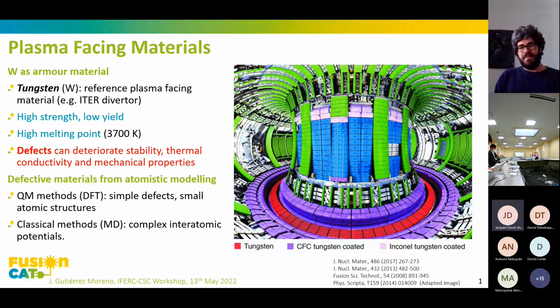On the other hand, if we want something a bit more affordable, we typically go to classical methods, in which we model materials based on Newton's second law. This is much cheaper and allows us to make much larger models, but the main problem is that we rely on interatomic potentials that sometimes are not as accurate as we wish, because they have to be fitted for one specific material, structure, and property, and extrapolation is not always straightforward.